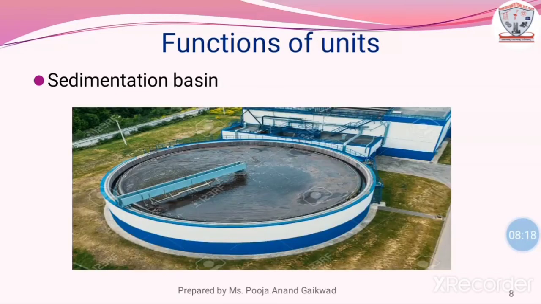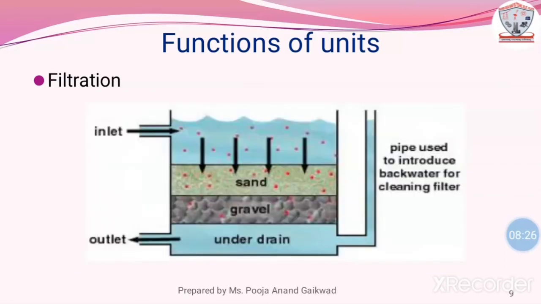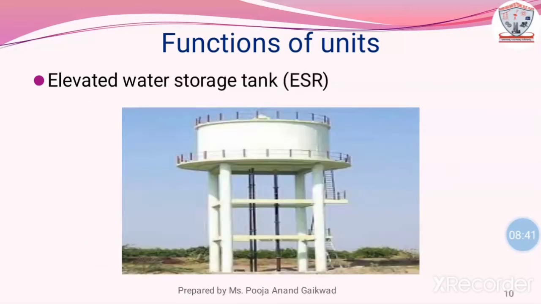Sedimentation basin. In this figure, you can see the sedimentation basin. Filtration. Water is filtered using sand and gravel. As you can see in the image, sand and gravel are used. Elevated water storage tank, that is ESR.